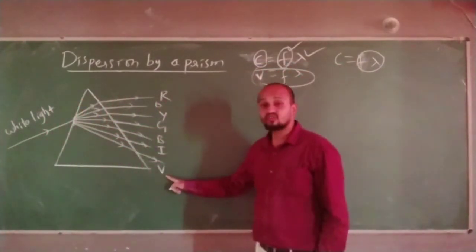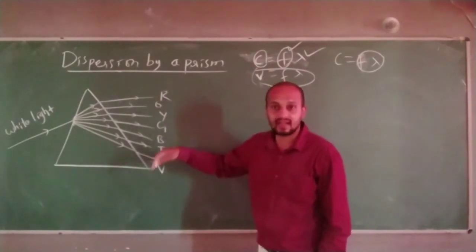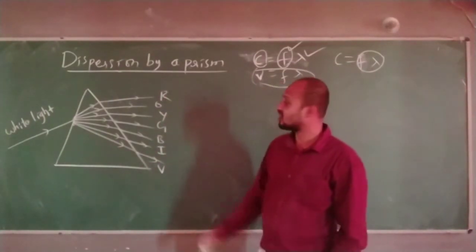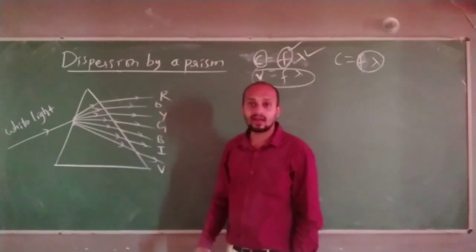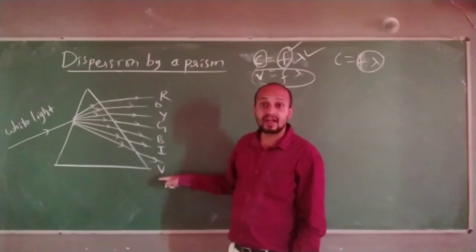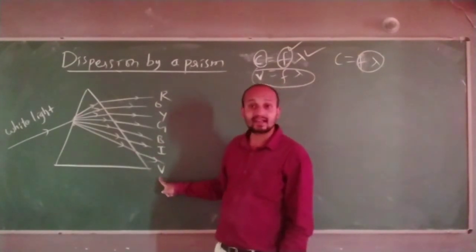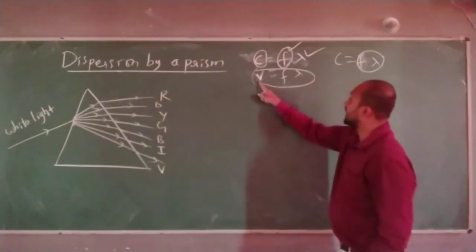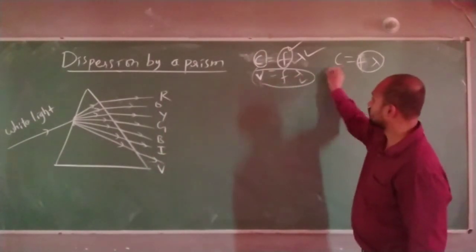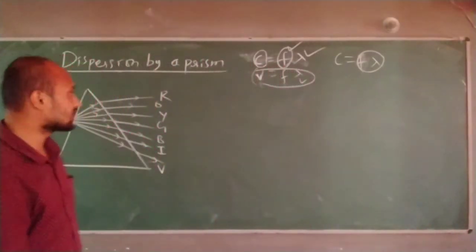So the speed of violet light will be very less as compared to red light, because more bending means speed of light will be less, all in the same medium. When the speed of violet light is less, lambda also has to be less. Wavelength will be less. Correct now?